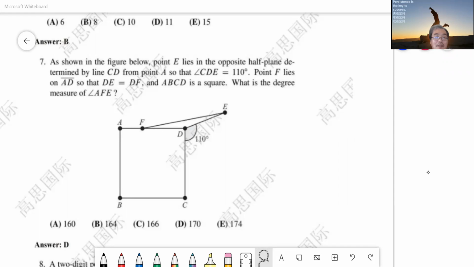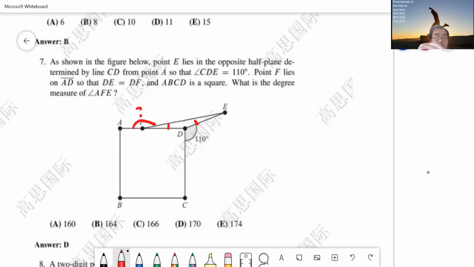Point F lies on AD, so that DE equals DF. And ABCD is a square. What is the degree of the angle AFE? So we are looking for this angle. What is this angle?